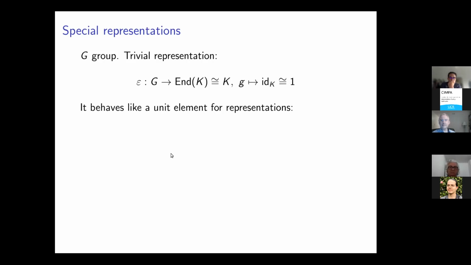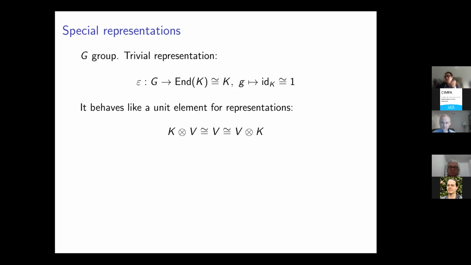And this representation behaves like a unit element for representations, because there is a canonical isomorphism between the vector space V and the tensor product K tensor V. This is of course, in the finite dimensional case, a vector space of the same dimension, and there's a canonical isomorphism always. And also the same holds for the right hand side.